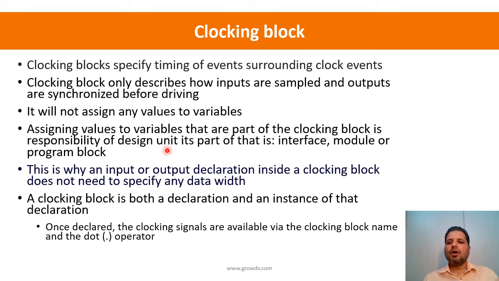You don't need to instance it separately. As we have seen, even in the case of interfaces, it could be directly the interface instance within the interface, or it could be through a modport, but we don't need to create a separate instance of it. As soon as we have declared it, it becomes available, and we can use the dot notation to access it.